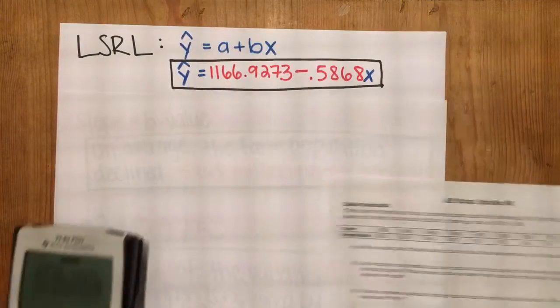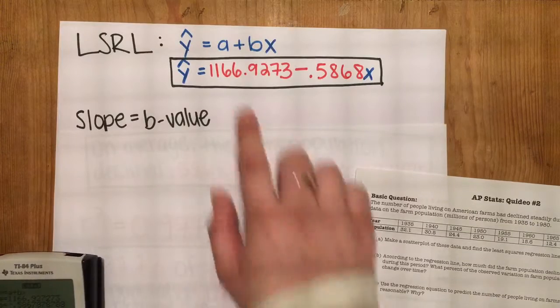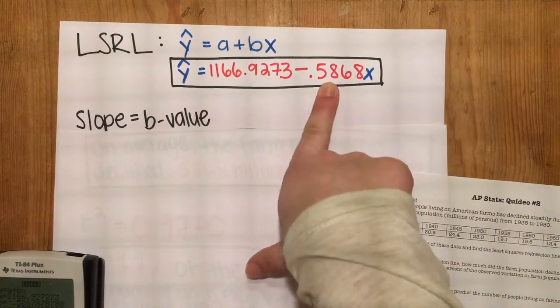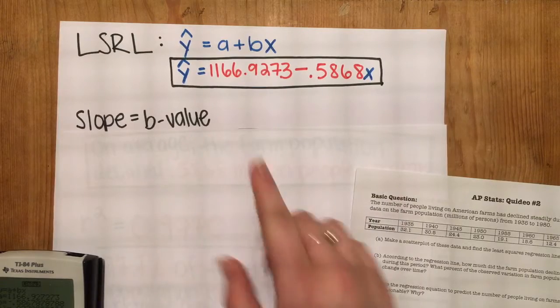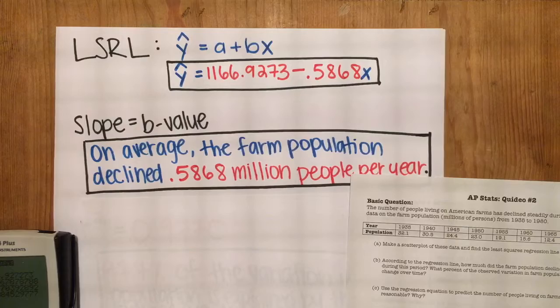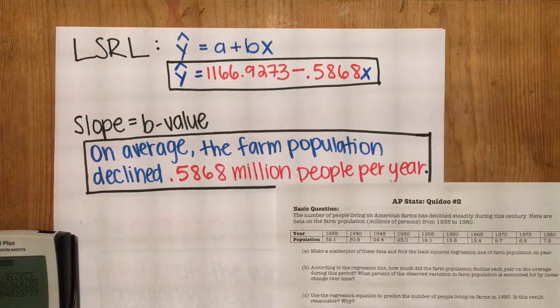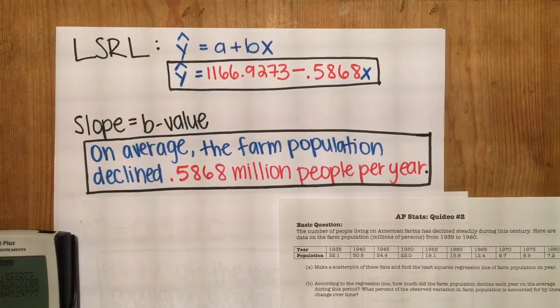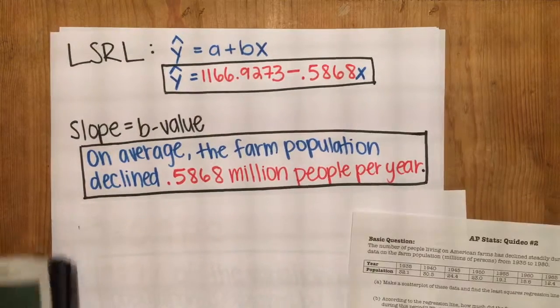In this equation, your intercept is your a value and your slope is your b value. So all you have to do is find the b value. The slope for the decline each year is, on average, the farm population declined by 0.5868 million people per year. So that one's pretty simple.